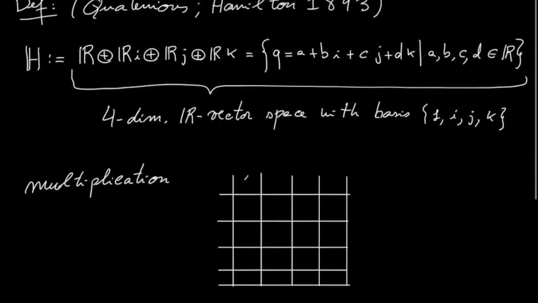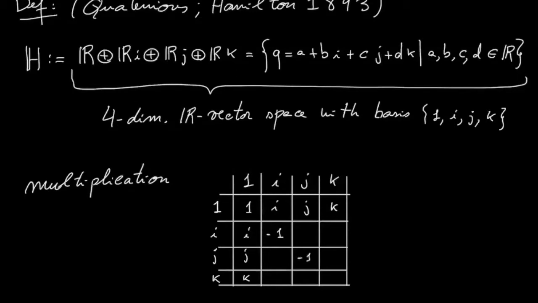So we have 1, i, j, and k, 1, i, j, and k. Multiplication by 1 is as you expect. i squared is equal to -1, j squared is equal to -1, k squared is equal to -1, ij is equal to k. In contrast, ji is equal to -k.